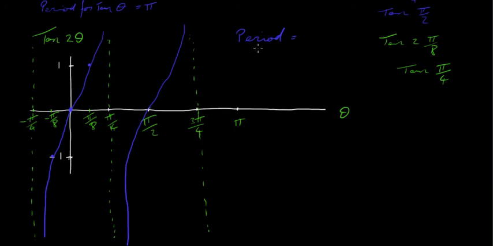So the period for tan of 2 theta is half of that, or pi over 2. And you can see that actually if you take, say, this point here, you have to go out pi over 2 to see that repeated. Any point here you'll see repeated after pi over 2 on the x-axis.